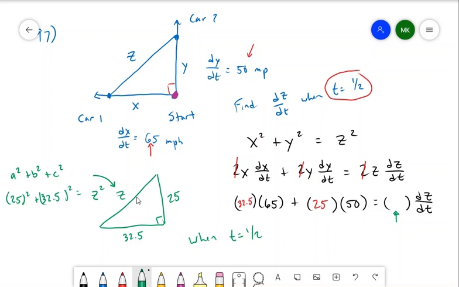Let's use a calculator for this. So z squared is 1,681.25.